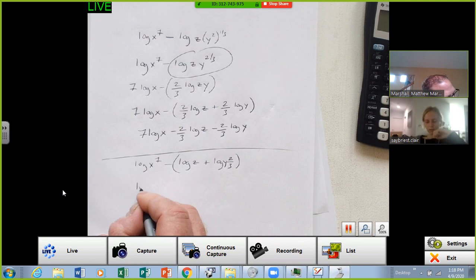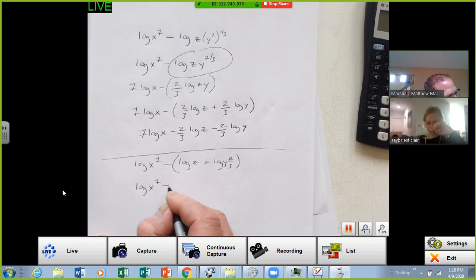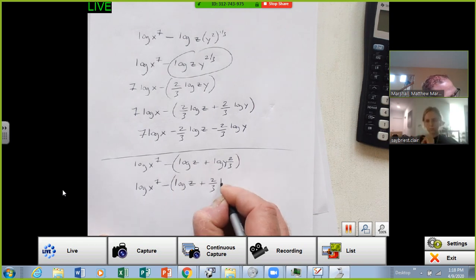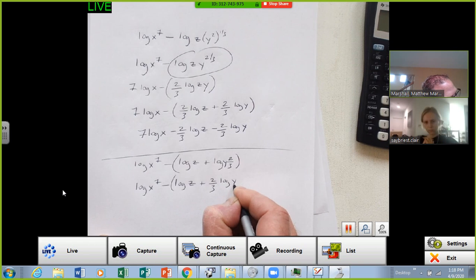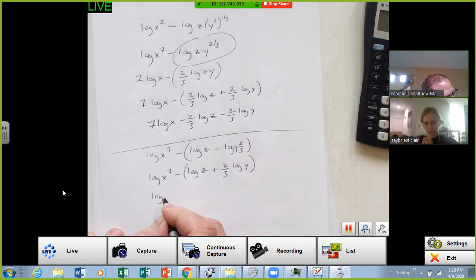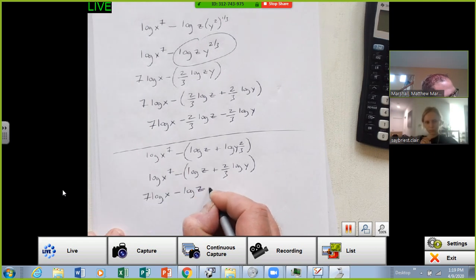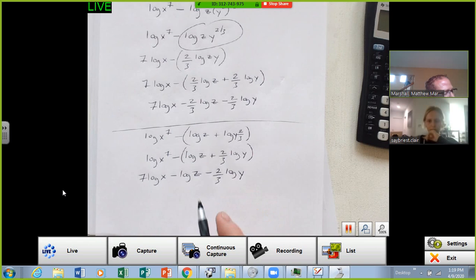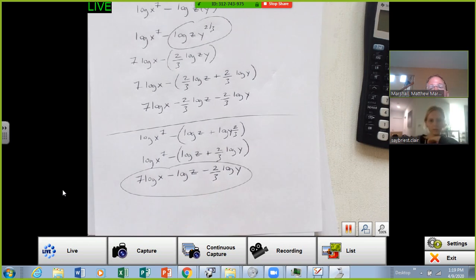And that becomes log x to the 7th minus log z plus 2/3 log y. I think that's better. So I think that final answer is 7 log x minus log z minus 2/3 log y. Can you see that work right there? Wow. So I think that's it right there.